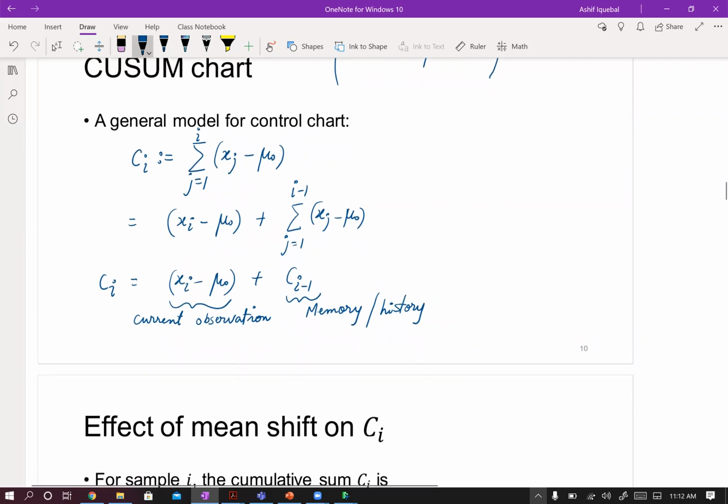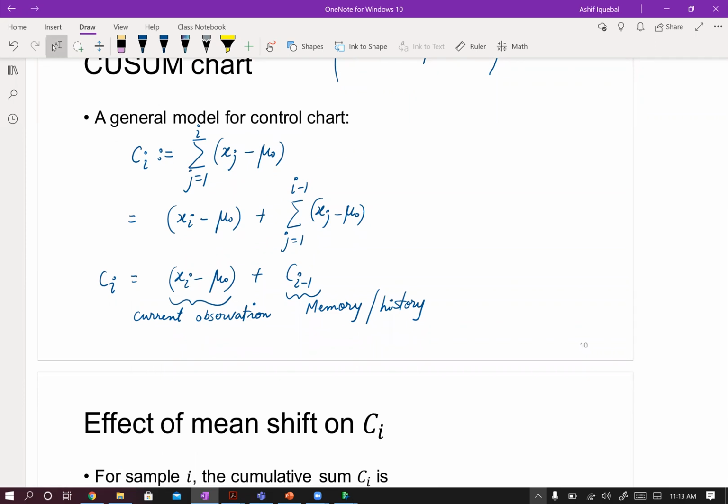Now, when we actually implement a CUSUM chart in practical applications, it is slightly different than this one, and I'm going to talk about that in a moment. But one of the major reasons why we want to have this general model is because it helps us understand the behavior of a control chart.